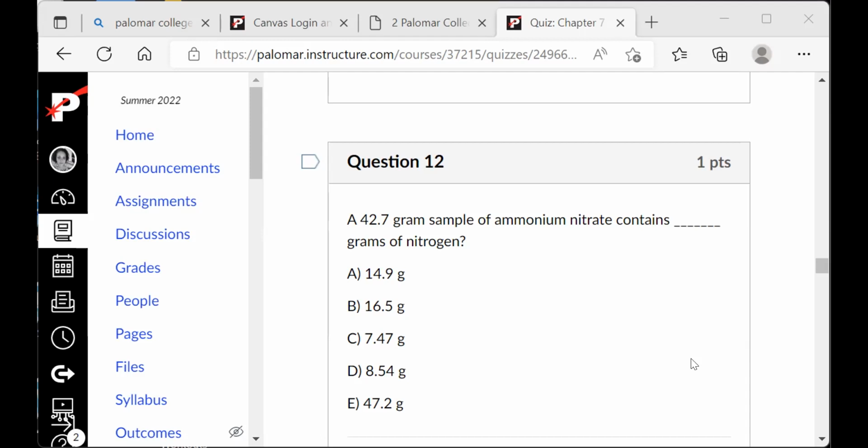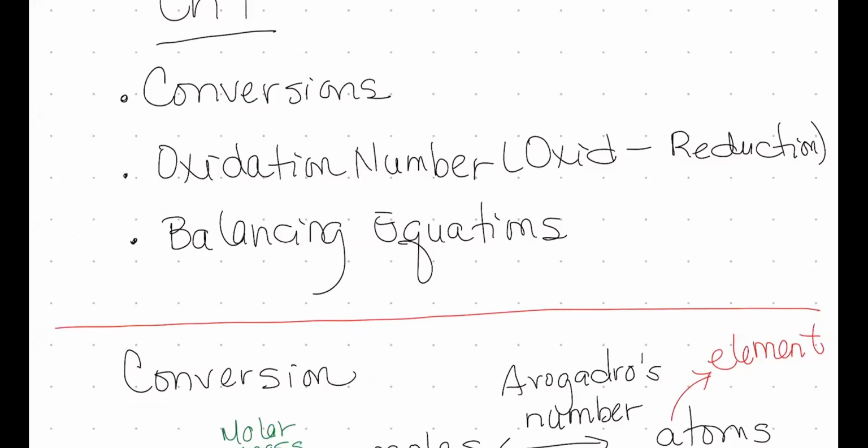Professor, just a question. For Avogadro's number, we're only using that number when we're going from moles to grams? No, when you're going from moles to atoms, or atoms to moles, or moles to molecules, or molecules to moles.